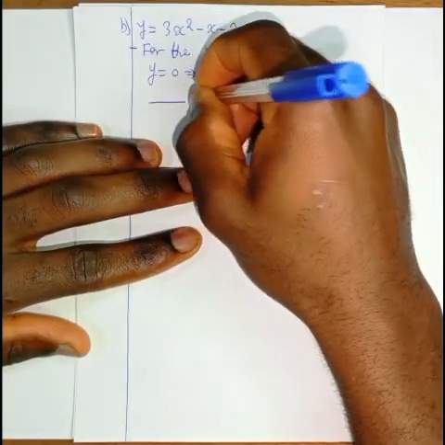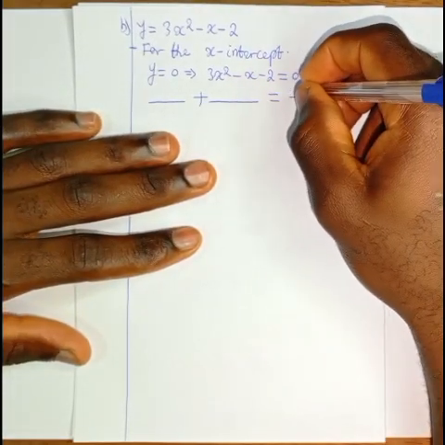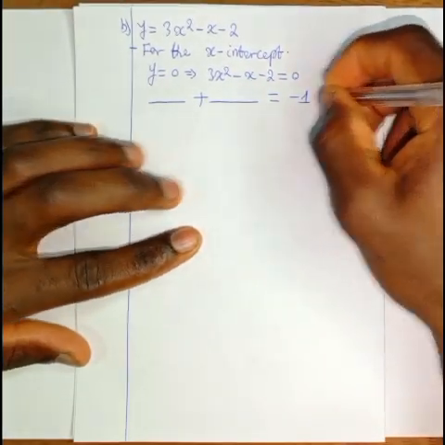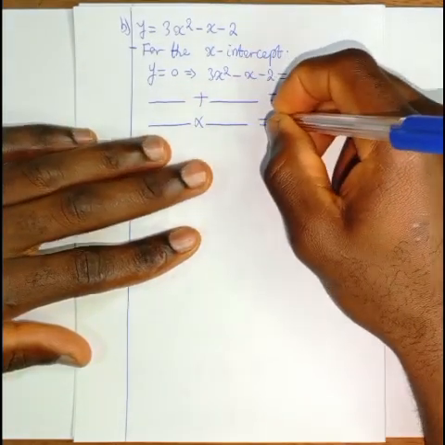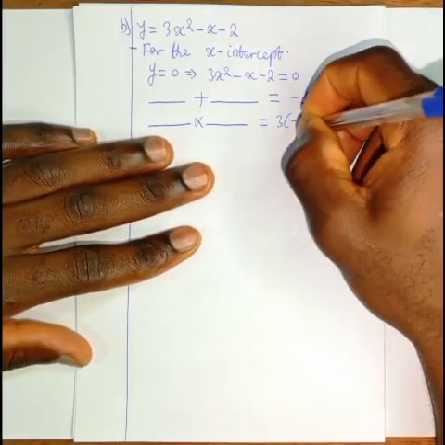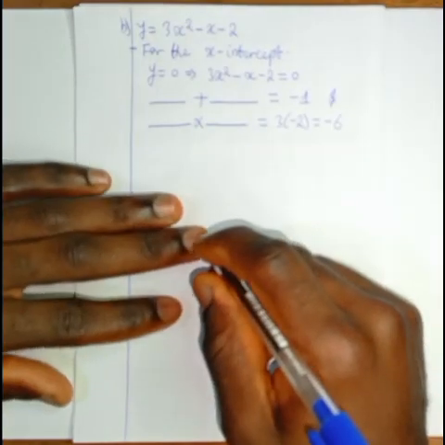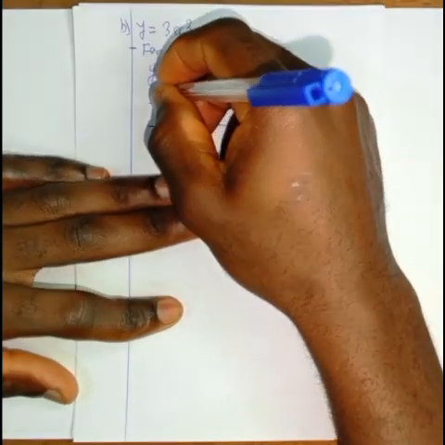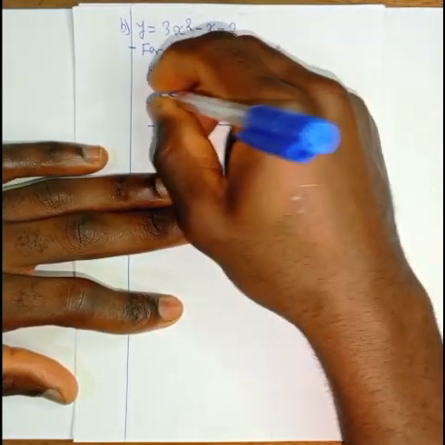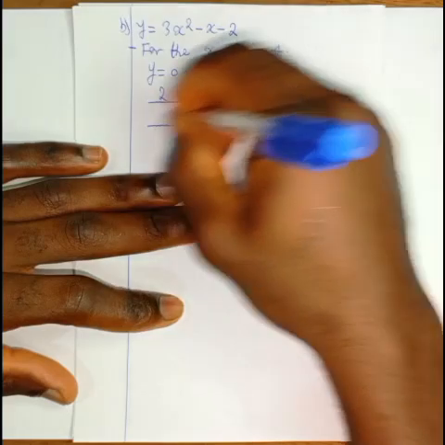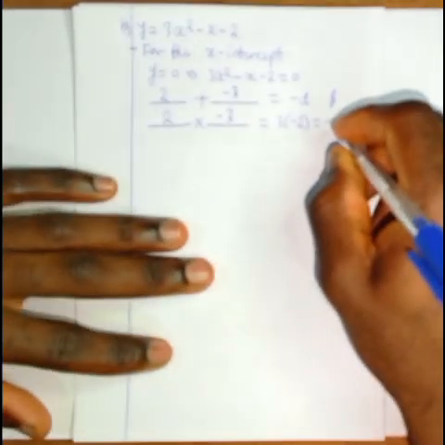We need two numbers such that their sum is equal to -1. The product of the two numbers is equal to 3 times -2, which is equal to -6. The two numbers would be 2 and -3. 2 plus -3 gives -1. 2 times -3 gives -6.